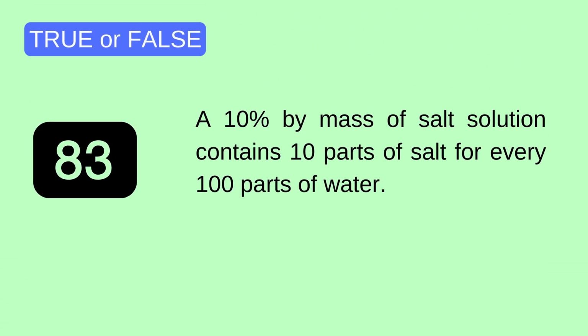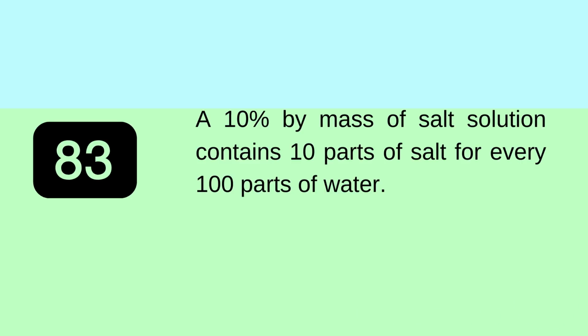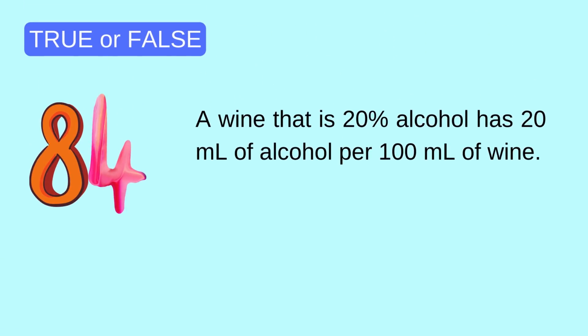A 10% by mass of salt solution contains 10 parts of salt for every 100 parts of water. A wine that is 20% alcohol has 20 milliliters of alcohol per 100 milliliters of wine.